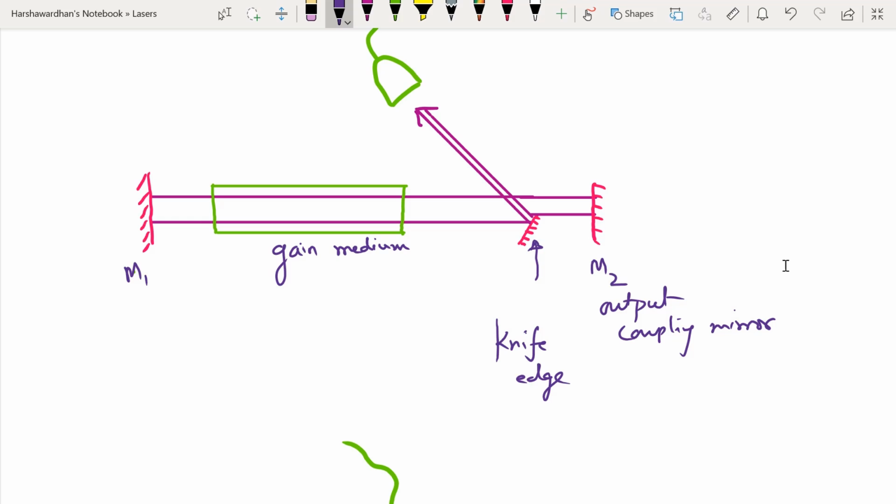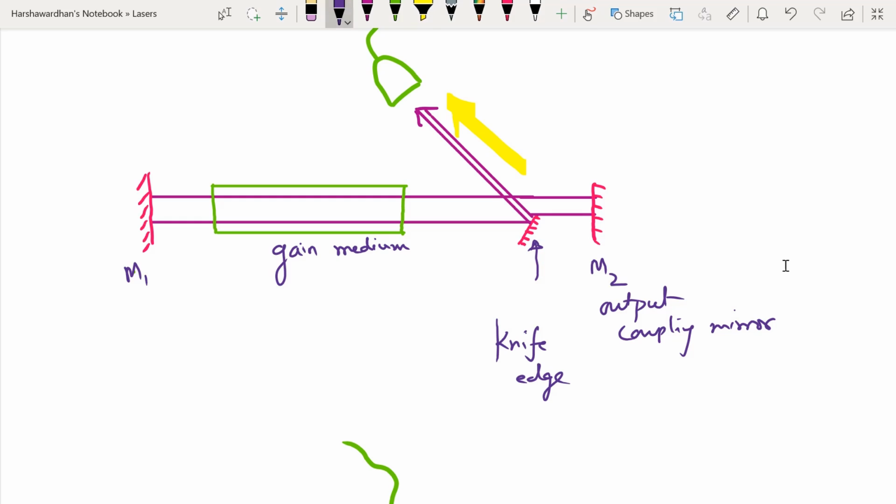So part of the feedback is being taken out of the cavity because of the mirror riding on a knife edge. This output, which is going towards my detector, no longer participates with the feedback required to sustain the gain in this gain cell.